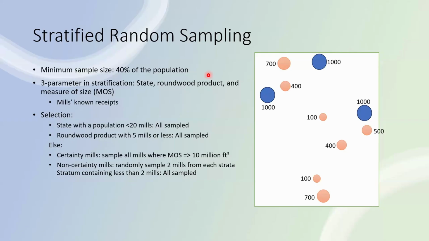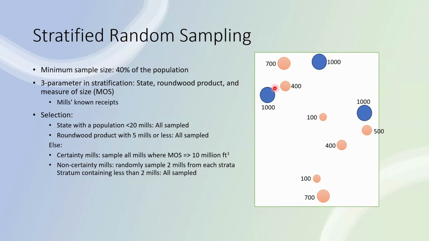If we have enough population, we sample all mills where MOS is greater than 10 million cubic feet, and for the rest, we stratify into strata and randomly sample 2 mills from each stratum. But when a stratum contains 2 mills or less, we enumerate them.